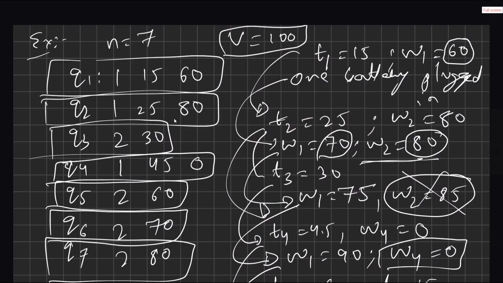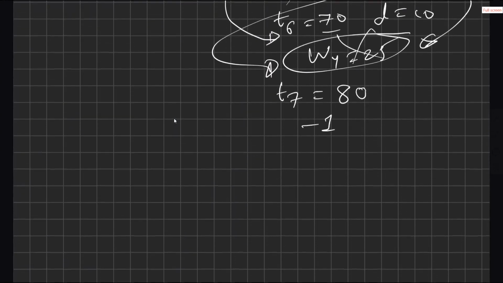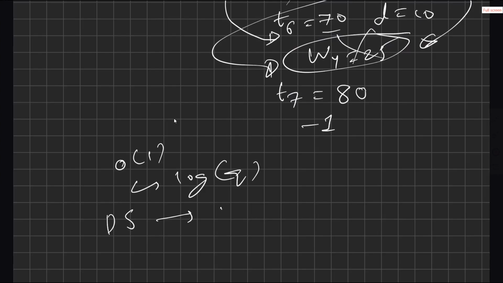So we should think of a way where every time we insert or unplug, it should happen in either O(1) time or O(log q) time. Only then will our solution be accepted. The one data structure that I can think of is a priority queue.